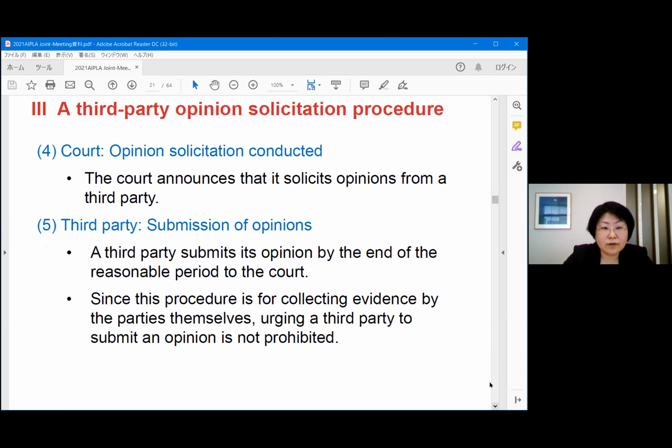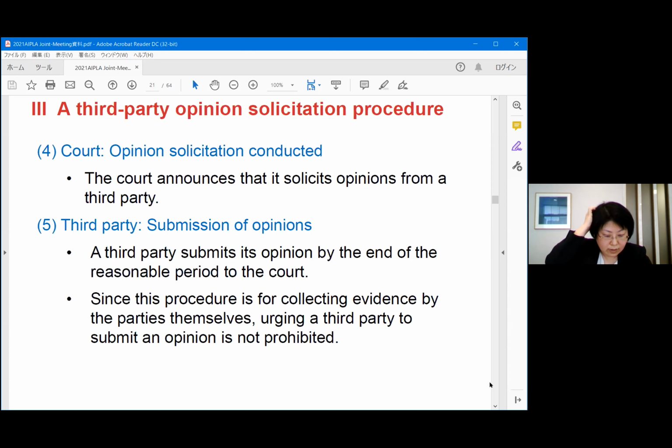Step 4, opinion solicitation conducted by the court. In this step, the court announces that it solicits opinion from a third party. As of now, because it's still a bill, we don't know the details, but according to the discussion in subcommittee, the court will probably make an announcement through the court's website.